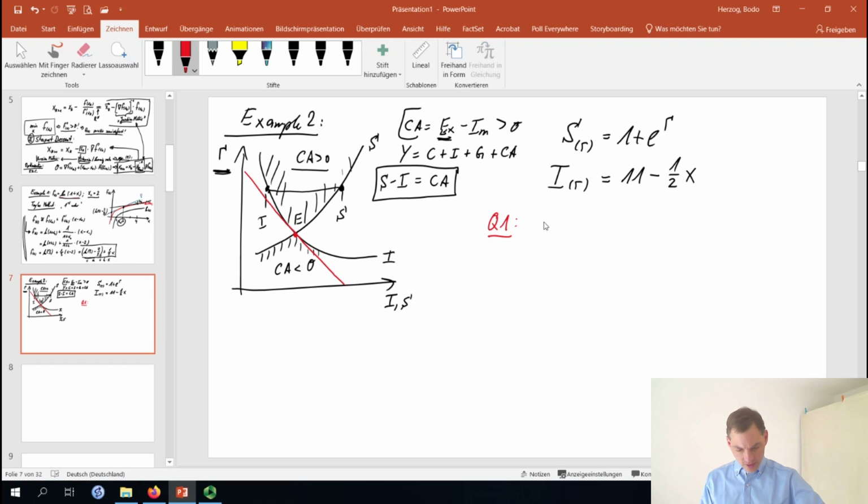calculate or compute equilibrium. Compute the equilibrium. Sorry. Let's erase it. Write it again. Compute equilibrium. Question mark. Okay, so what's equilibrium?